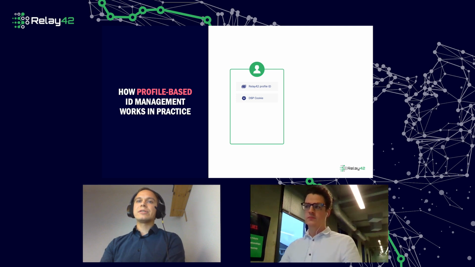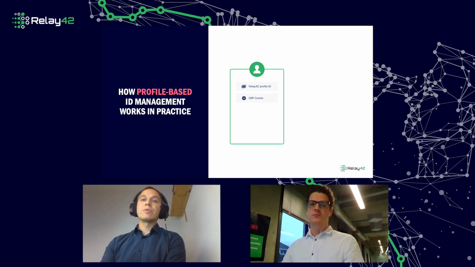So let's say, as an example, you have a person that visits the website. At that moment, if you have Relay 42 on there, you will get a profile ID. At this moment, we often also do the cookie sync with a display service provider, so DSP, which is in that sense a third-party cookie.